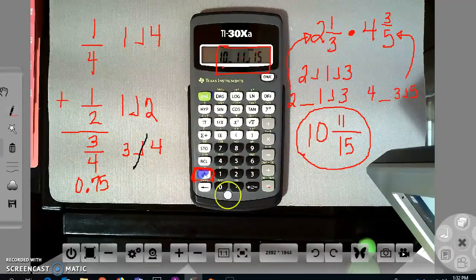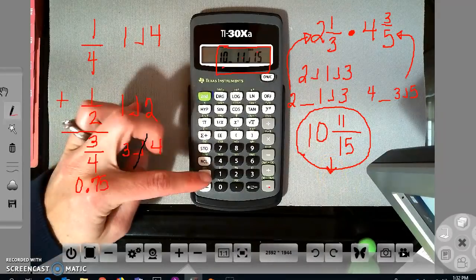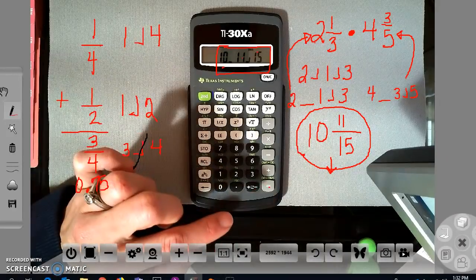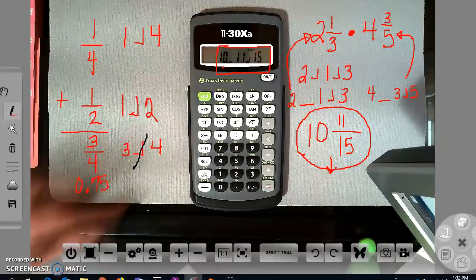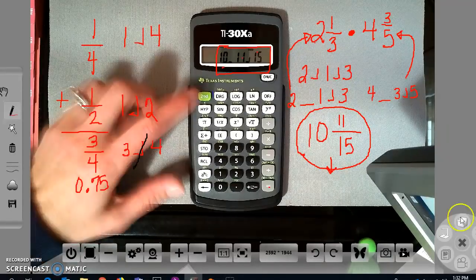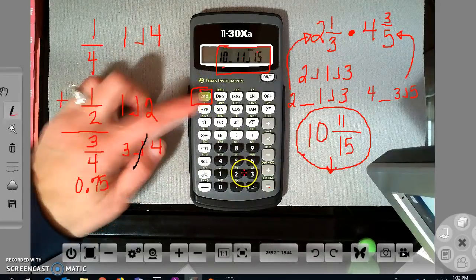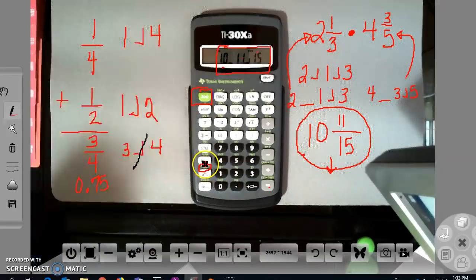If we would like to translate 10 11/15 into an improper fraction, you're going to press the second button, and then here you see that it says DC.